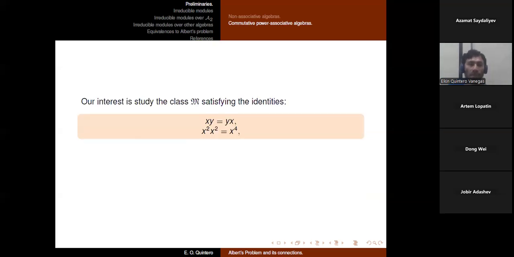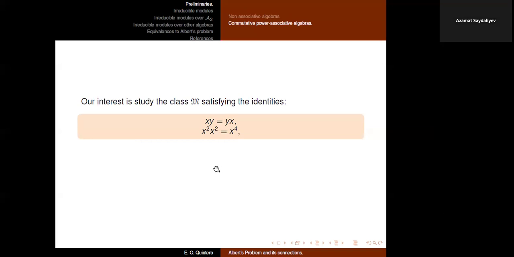Our interest is to study commutative power-associative algebras over a field of characteristic different from 2, 3, and 5, where the identities are xy equals yx and x squared times x squared equals x to the power 4.